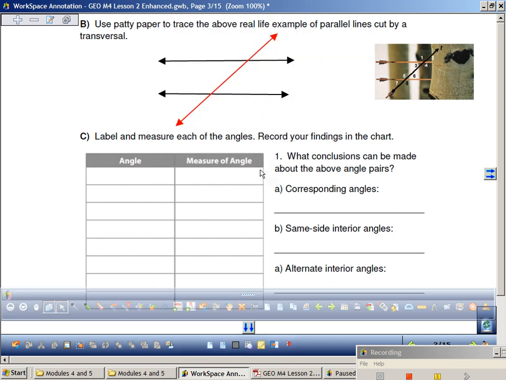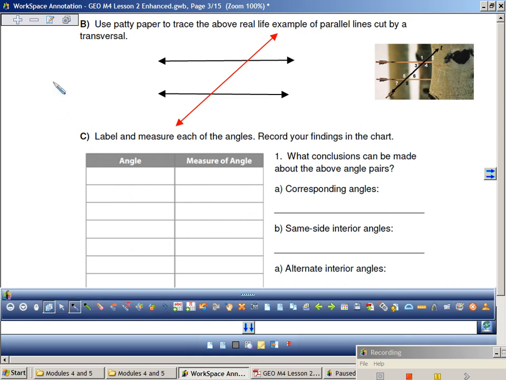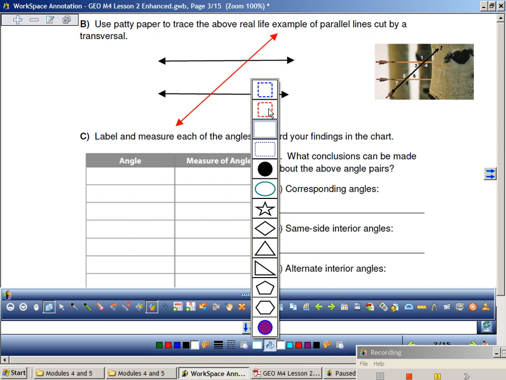Is that going to change the size? Size of the angle? If I know that this is a 90-degree angle, let me give myself a box.